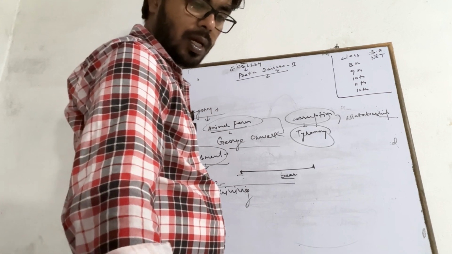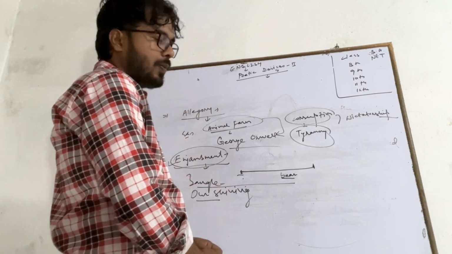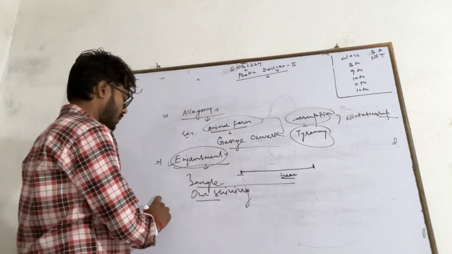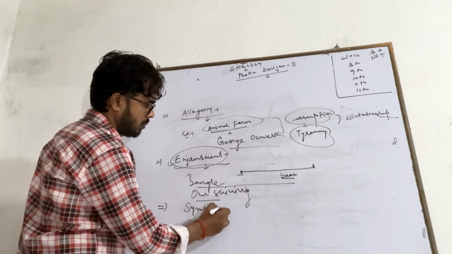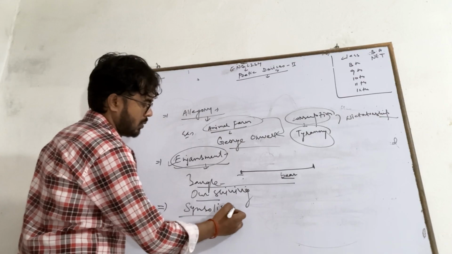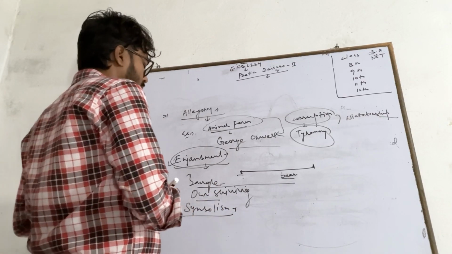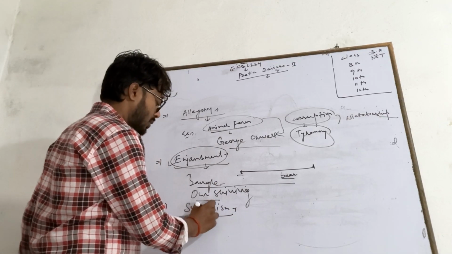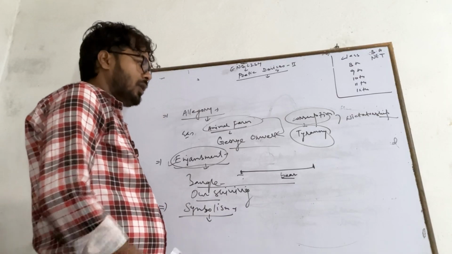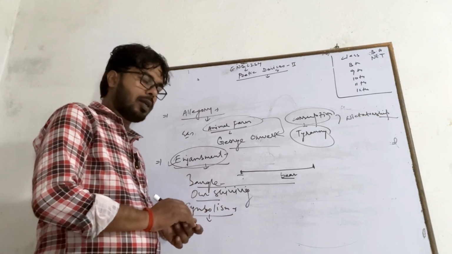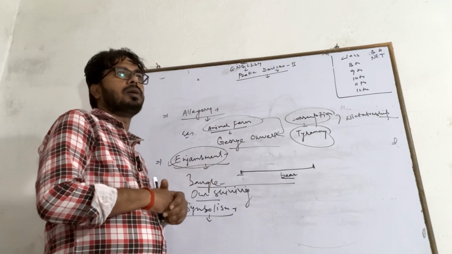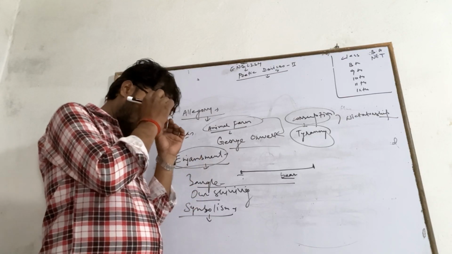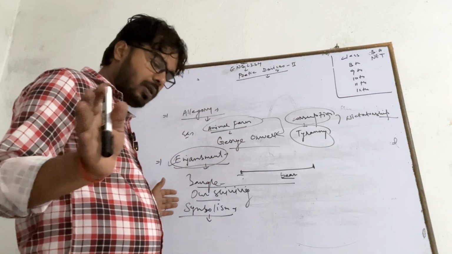And the second one is symbolism. Symbolism means when you read the poem and you find that the poem has two meanings. One meaning is the literal meaning.